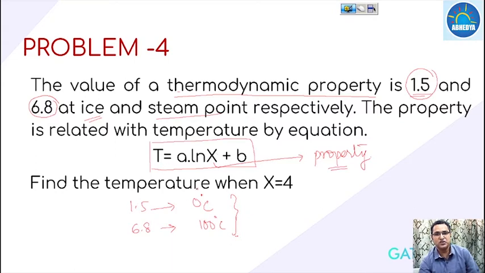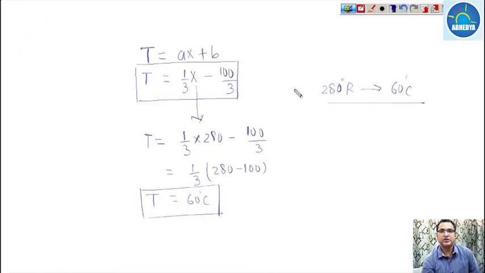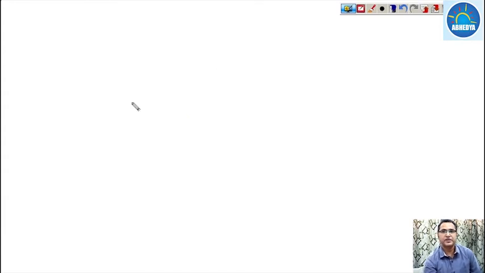We have to find out the temperature when this x is given as 4. Okay.